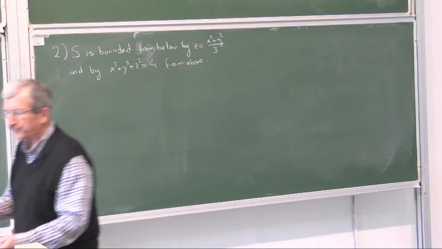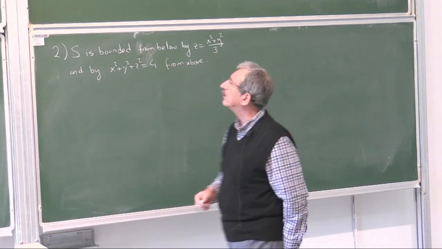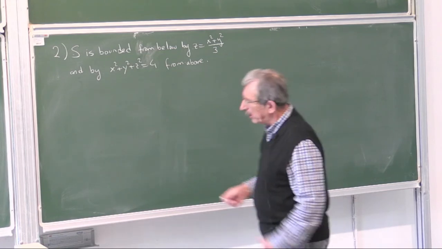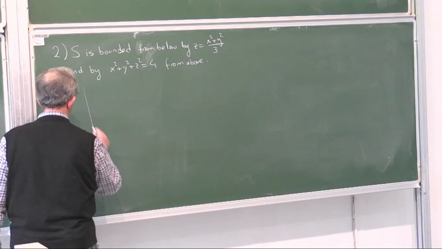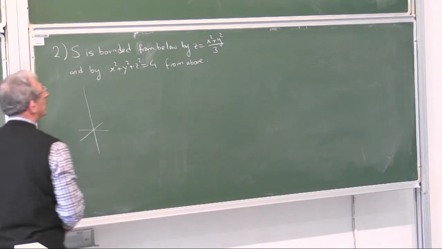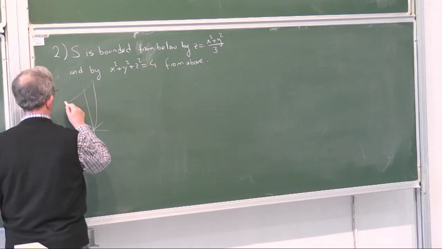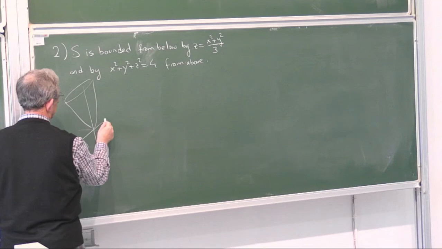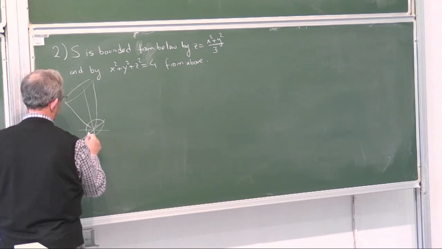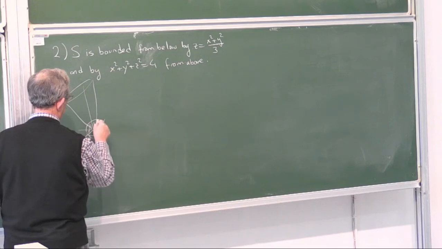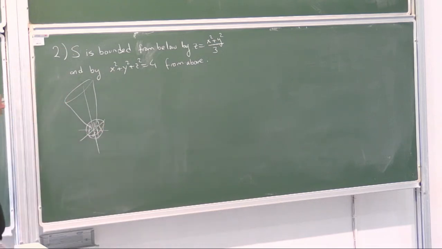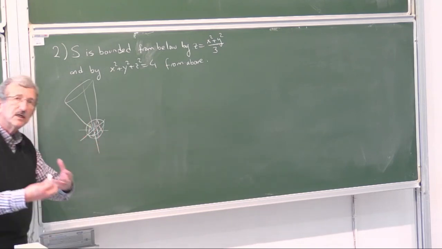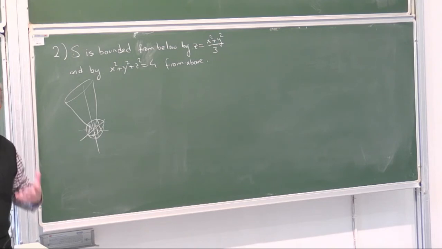Okay. We want to write it in cylindrical coordinate system. Well, first a rough sketch. We have the following then. Okay. We have a paraboloid and we have a sphere. Well, clearly, the paraboloid divides two solids from the sphere.